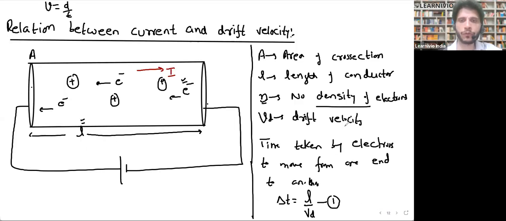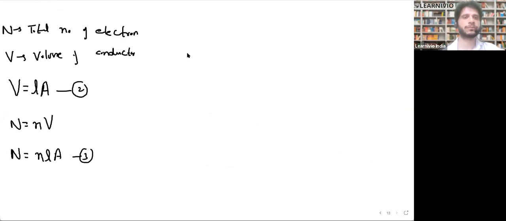Number density simply means number of electrons per unit volume, and this is the total number of electrons, number density into the volume.